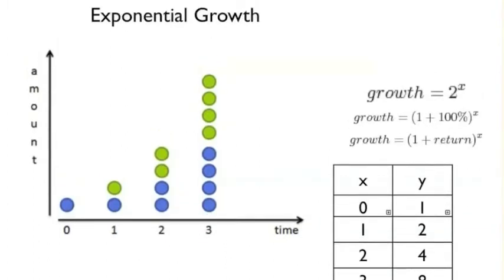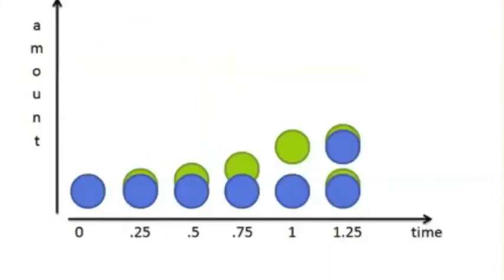Now let's look at a closer view of the bacteria. And what we did here is we made the time intervals smaller. So before we had 1 year, 2 years, and 3 years. Now we have a quarter of a year, a half of a year, 3/4, a whole year, and then 1 1/4 of a year. These smaller time intervals make it possible to start to see compounding continuous growth.